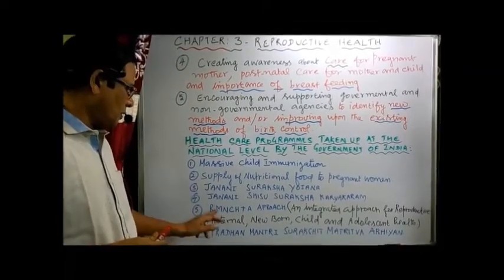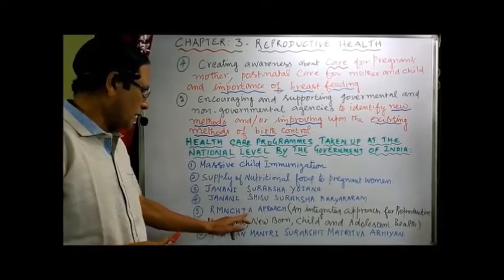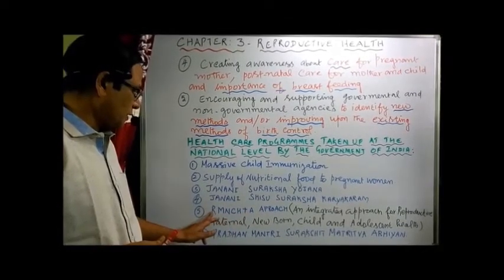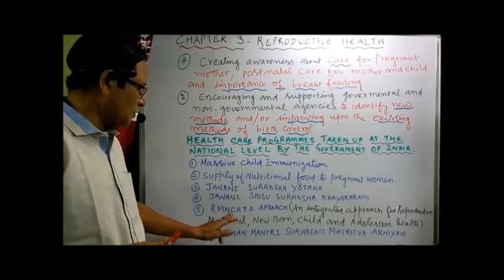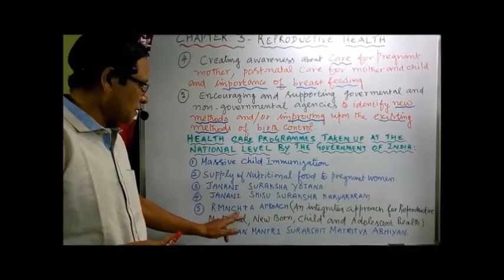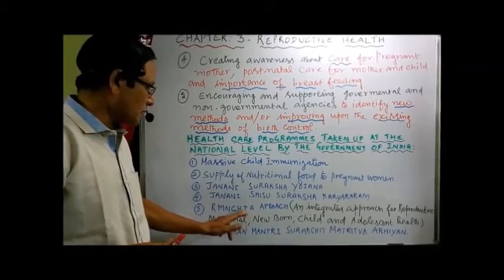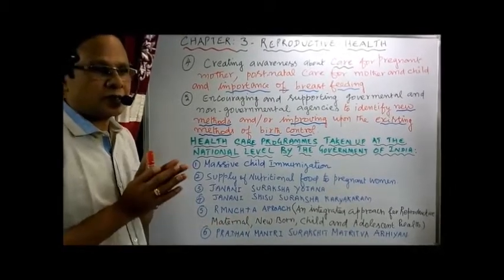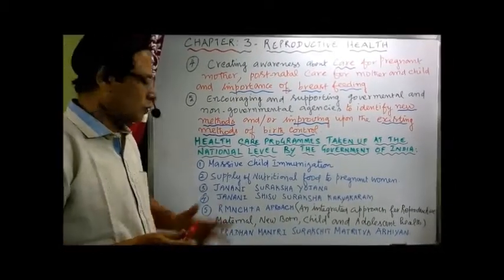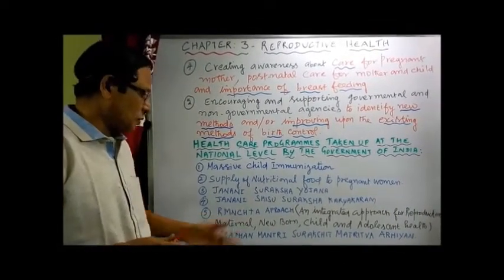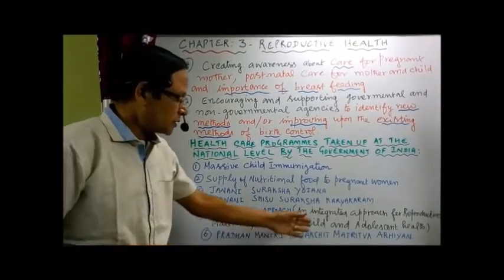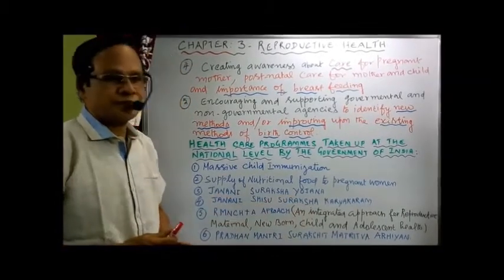Now, the 5th one, RMNCH plus A. R for reproductive, M for maternal, N for newborn, C for child, and A for adolescent health. This is an integrated program for all these things together. Now the last one, Pradhan Mantri Surakshit Matritva Abhiyan.